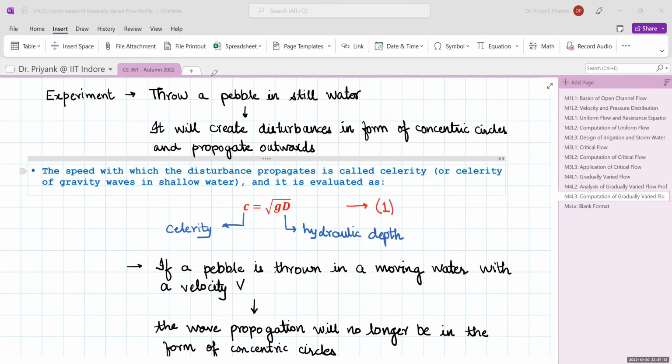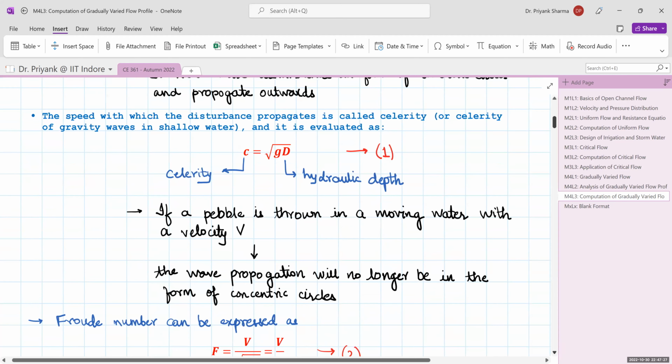Now, what will happen if the same pebble is thrown in moving water which has a velocity V? The wave propagation will no longer be in the form of concentric circles because the water has some velocity.